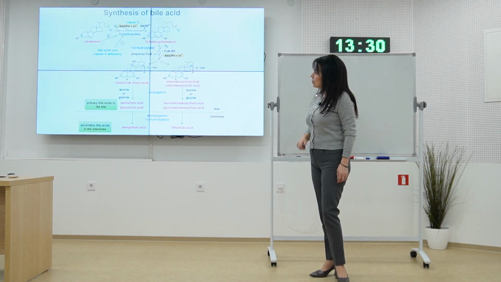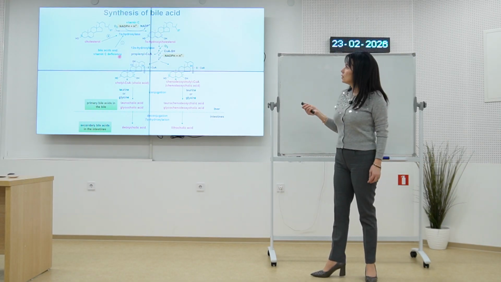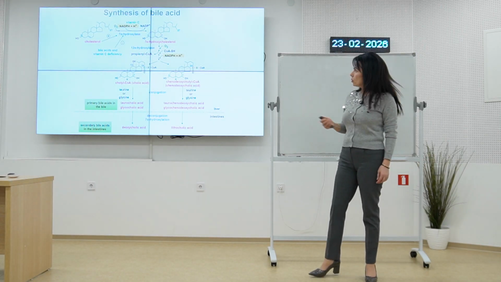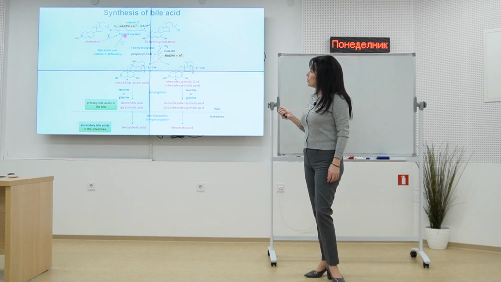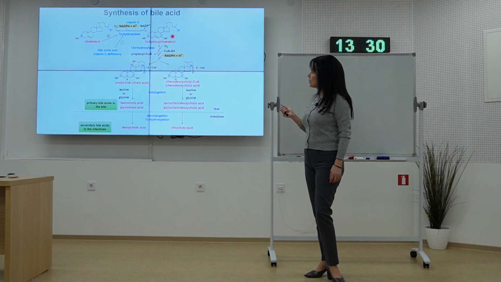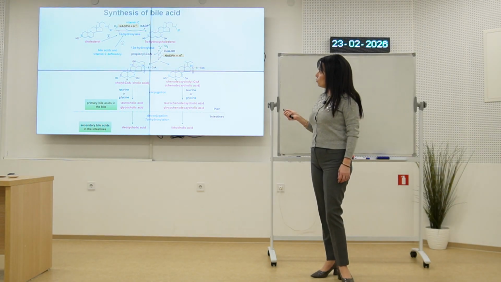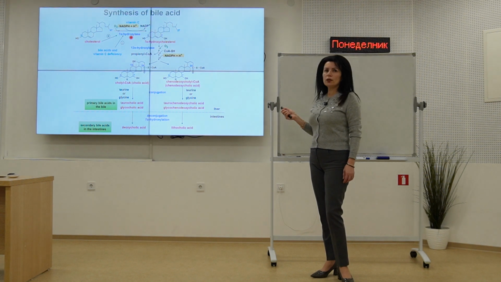Let's see the synthesis of bile acids. They start from cholesterol. This is the substrate, cholesterol. After that, students, there is a reaction of hydroxylation with a hydroxyl group on the 7th position. The product is named 7-alpha hydroxycholesterol. Enzyme 7-alpha hydroxylase.